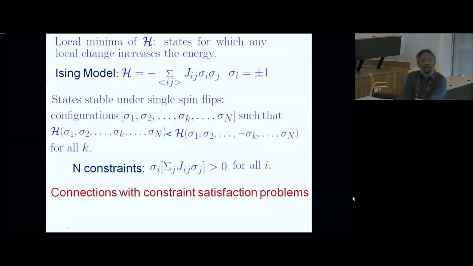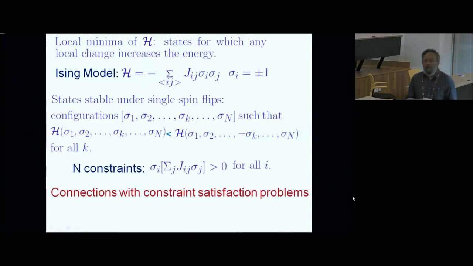And the reason that in statistical physics one might be interested in looking at such states is that we have to go a little bit beyond equilibrium statistical mechanics. We have to look at some kind of dynamics. And these states will play an important role in the dynamics, assuming that the dynamics proceeds via single spin flips.